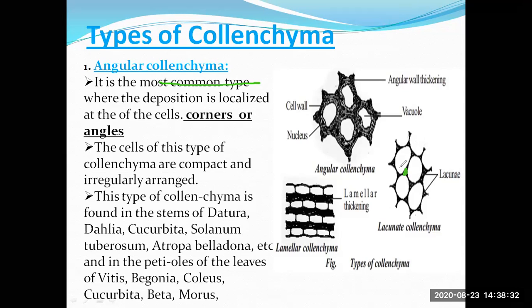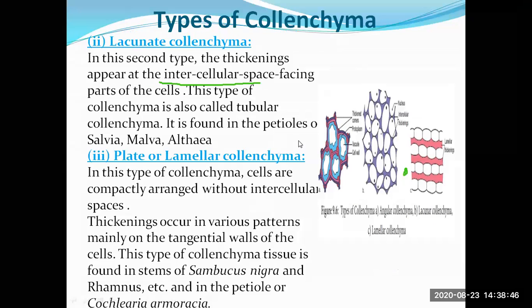Okay, so here there are large intracellular spaces, and thickenings are found here, which is also called tubular collenchyma. Generally, we find this type of collenchyma in petioles of Salvia.